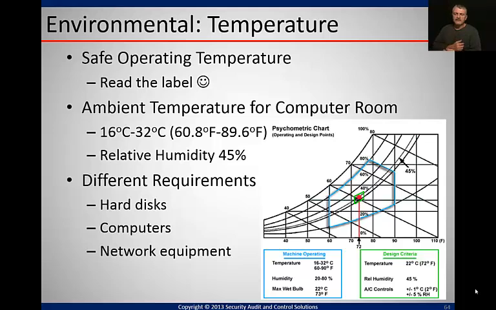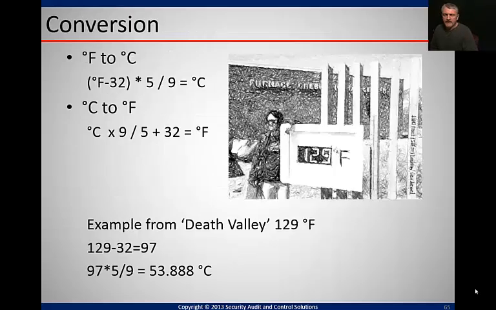Now, there are definitely different requirements for hard disk computers and network equipment as well. When we look at computer equipment, the temperature for a computer room can be anything from 16 degrees Celsius to 32 degrees Celsius, with a relative humidity of 45%. Now, this is just for the geeks out there. There's a conversion if you want to go from Fahrenheit to Celsius.